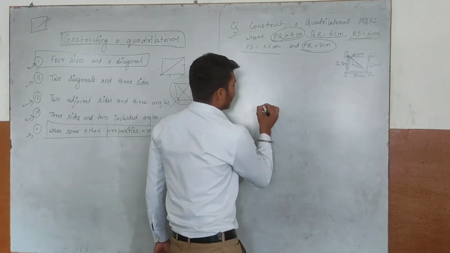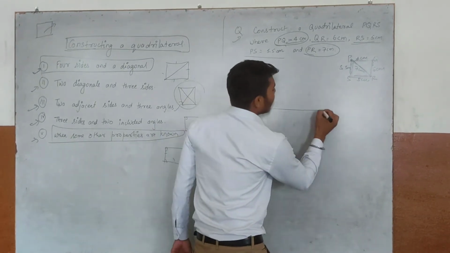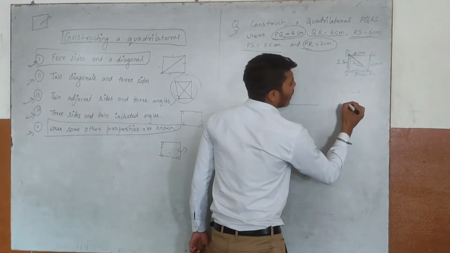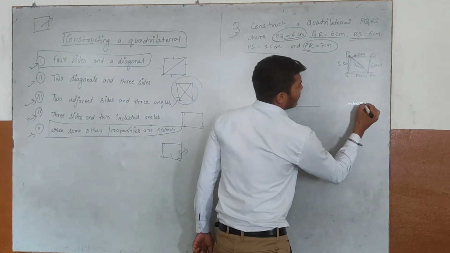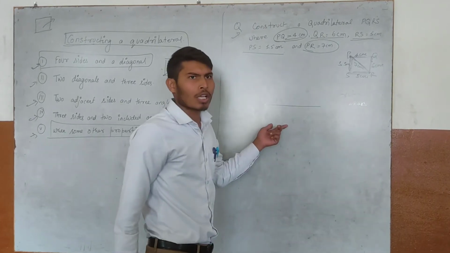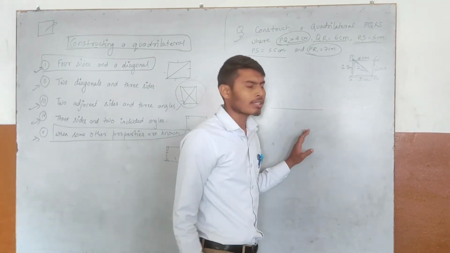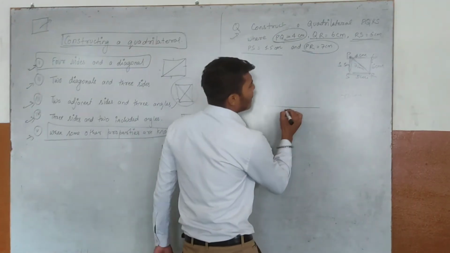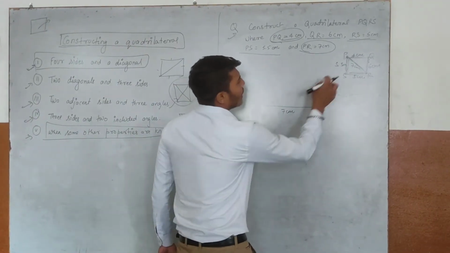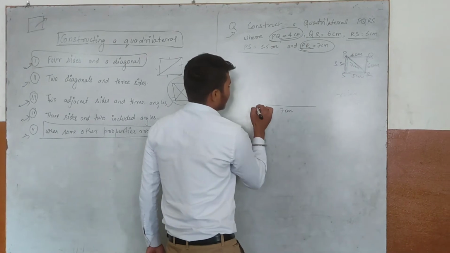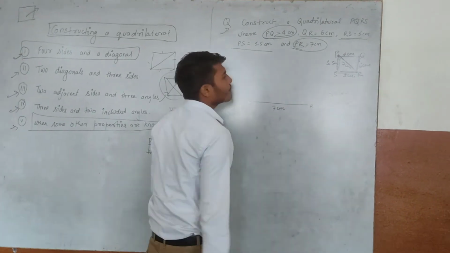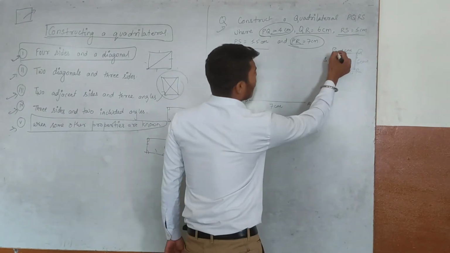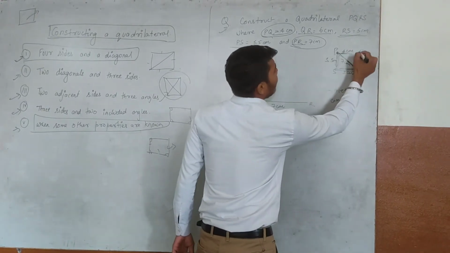First of all, we will draw the measurement using the ruler. We will need a ruler and a compass. We don't need any protractor in this case, so only a ruler and compass will do. We will draw 7 cm and name it PR. From point P, we will draw PQ.